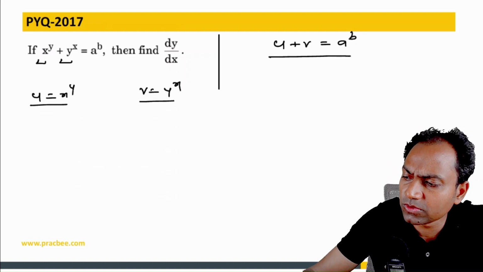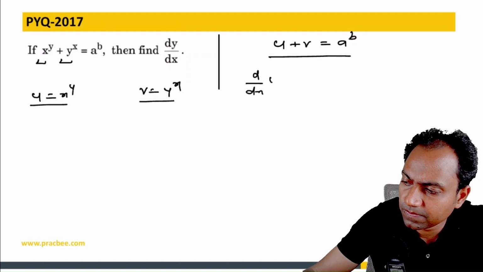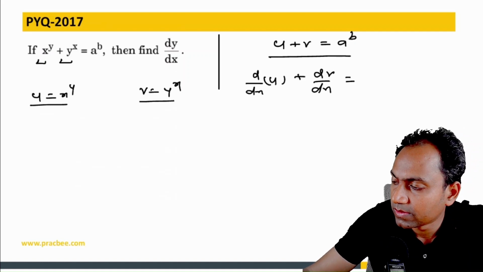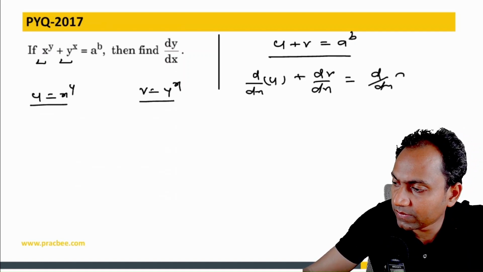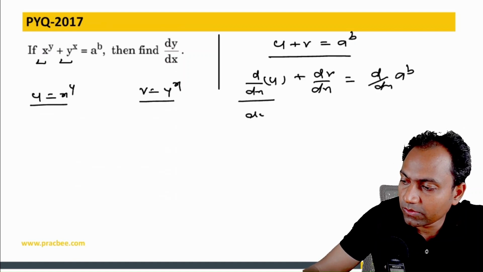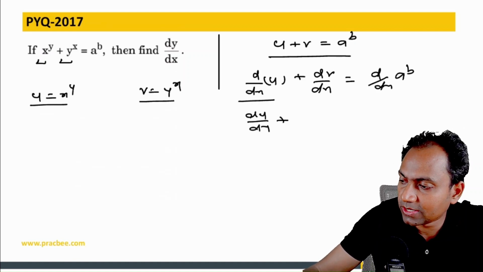What is the benefit? If you differentiate this, the derivative will get distributed. And now what we have is a very simple thing: derivative of u with respect to x plus derivative of v with respect to x is equal to 0, because this is a constant term.